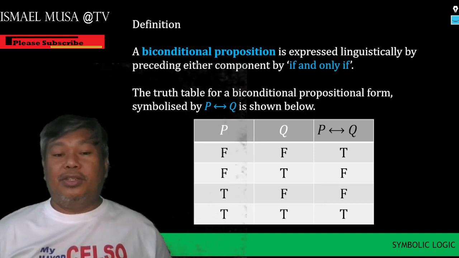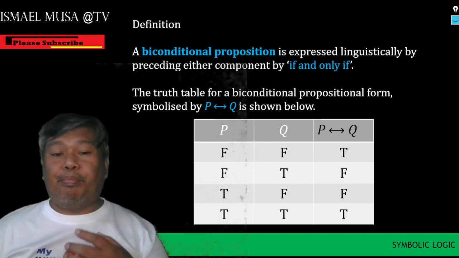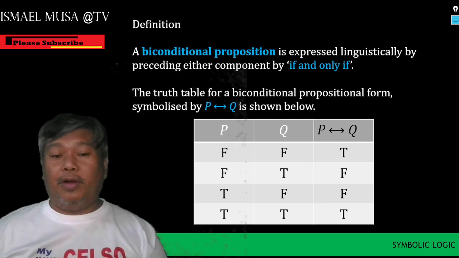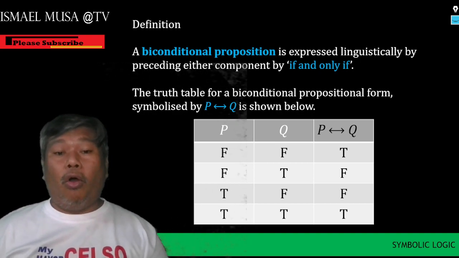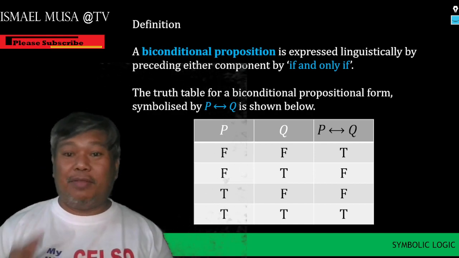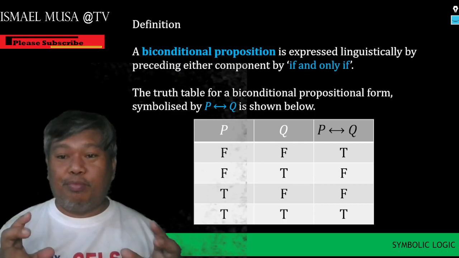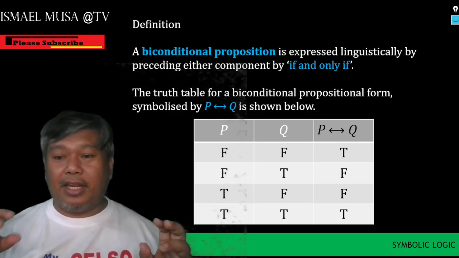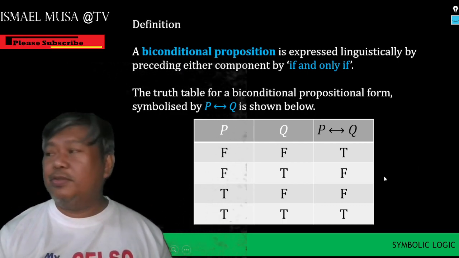Okay? So a biconditional is a type of proposition form that is true only when both its components have the same truth value. So it must be the same truth value for P and Q. Okay? So try to see, class.